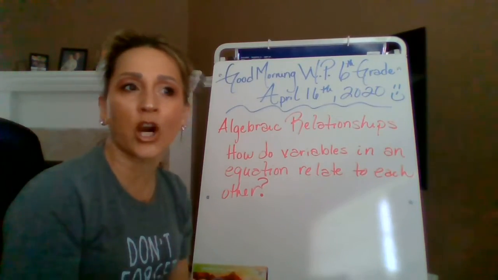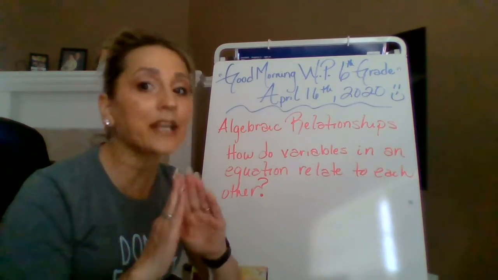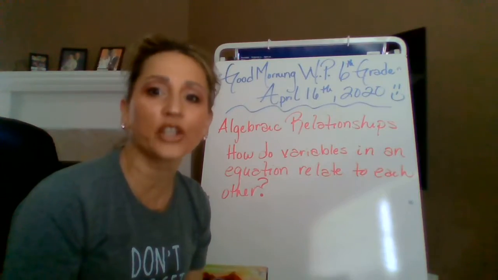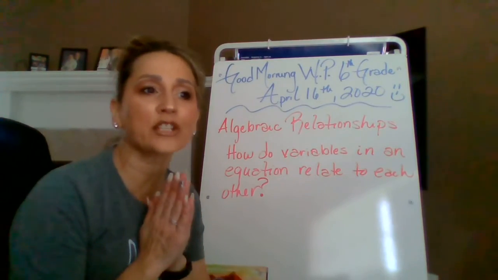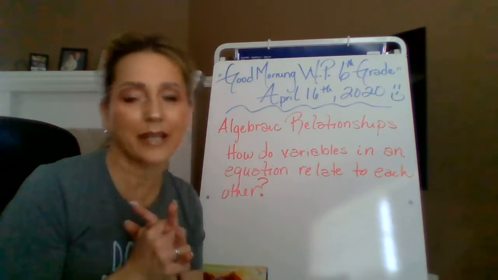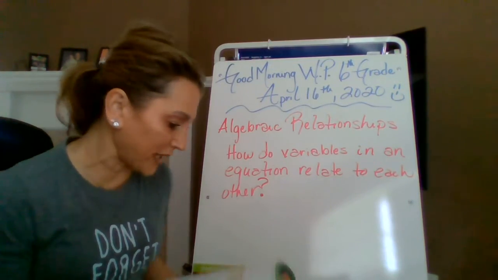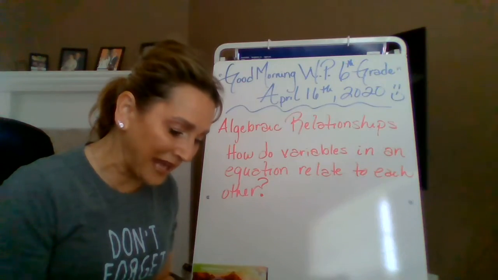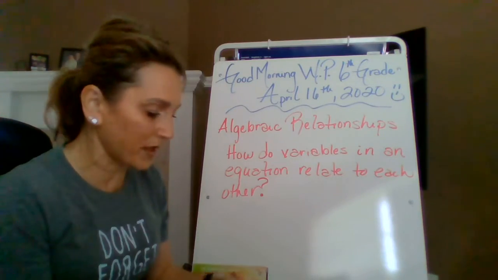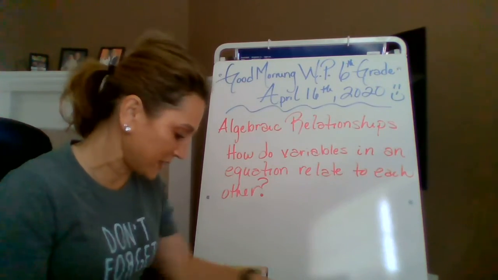Today, we are going to start a new chapter, not a new unit because we're still dealing with algebra, but we are going to start a new chapter. It would be technically chapter 9. Parents, if you're watching this with your students, we are starting chapter 9 in our Go Math series. I should flip back to the table of contents.